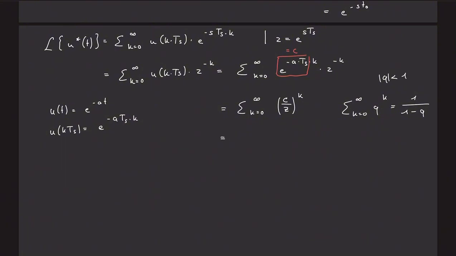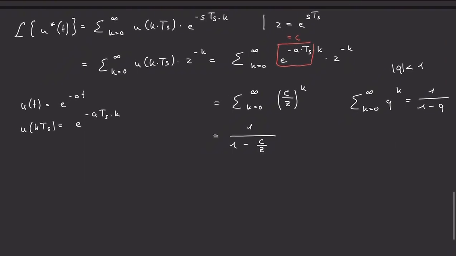If we apply this here, then our series comes down to 1 divided by 1 minus c over z, and fully multiplied and formed, that would come down to z divided by z minus c.